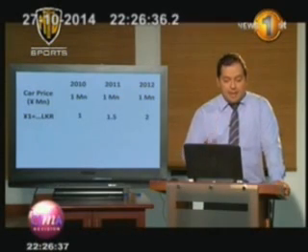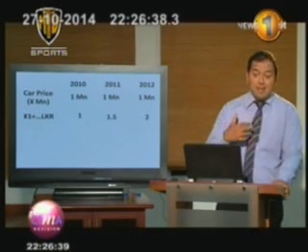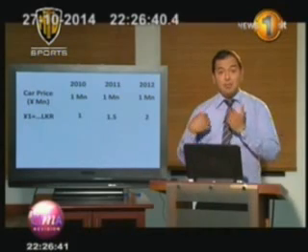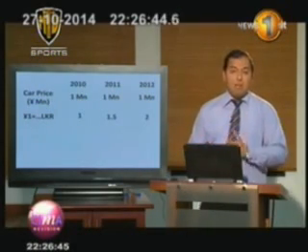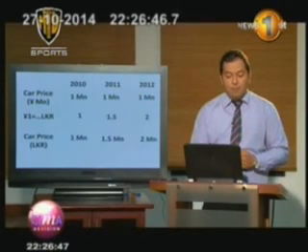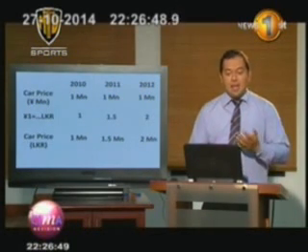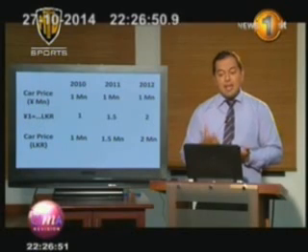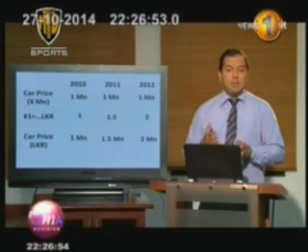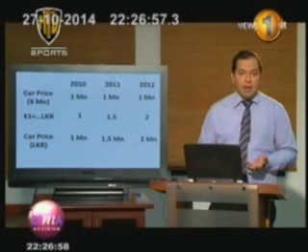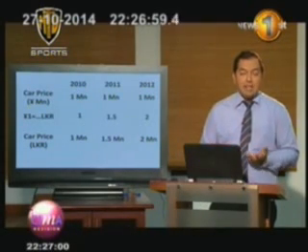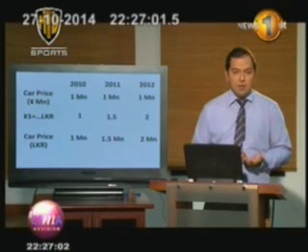Now, as you can see, the yen has appreciated against the rupee, the yen has become stronger, and as a result, we have to pay more rupees for every yen we buy. So, the car price in rupee terms has increased from 1 million in 2010 to 2 million in 2012. What has happened? The Toyota Corolla car has become more expensive, right?